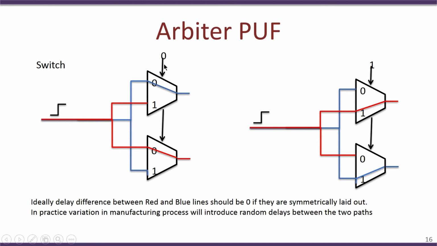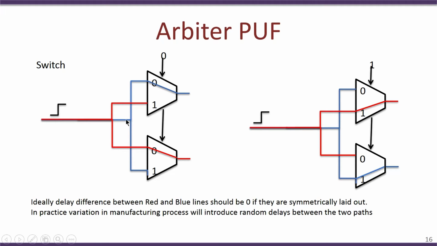Now, in an arbiter switch, two multiplexers are used. The same input is switched to both multiplexers, and both multiplexers have the same select line. There is a minor difference between the two multiplexers, and what you see is that the input line is actually connected differently in each multiplexer.